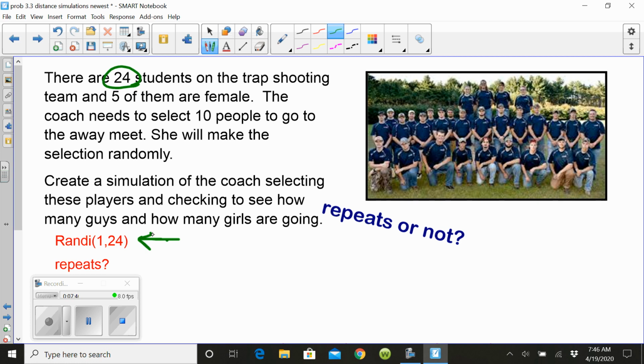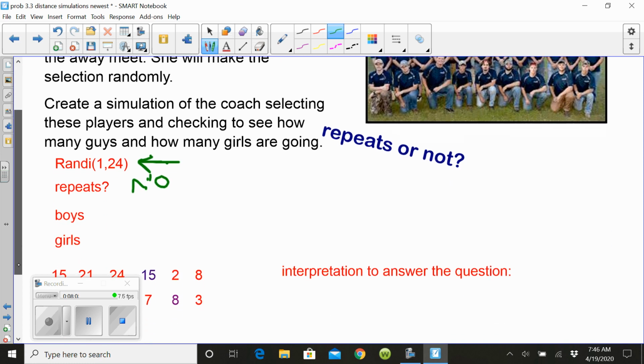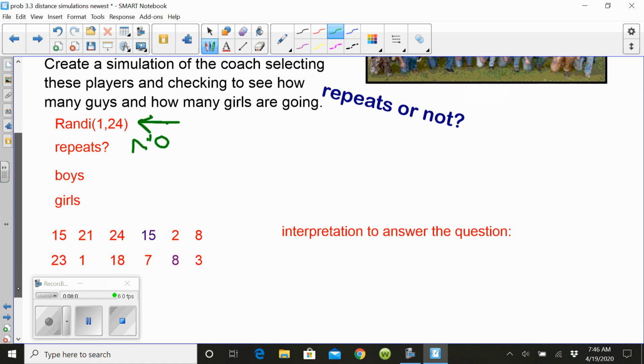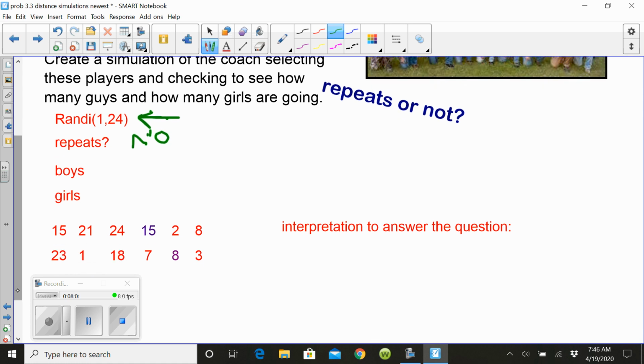So we have to select 10 players. Well, you can't select the same person twice to go on the bus to the meet, right? So I'm going to say no to this question. Repeated numbers are not allowed in this scenario. So I'm declaring that I'm going to generate numbers from 1 to 24, and I'm not going to allow for repeats.